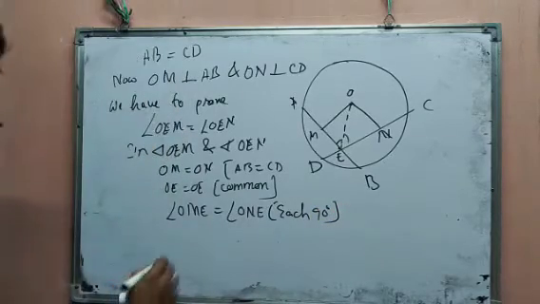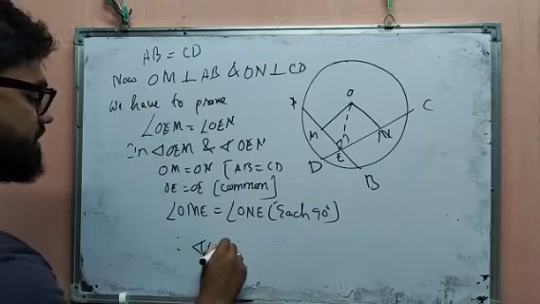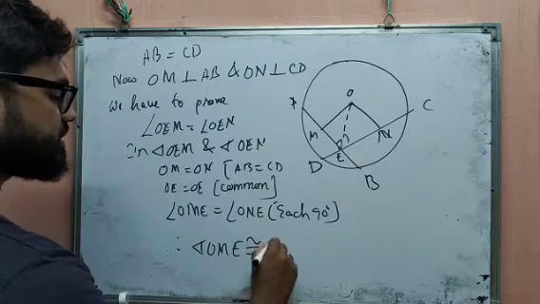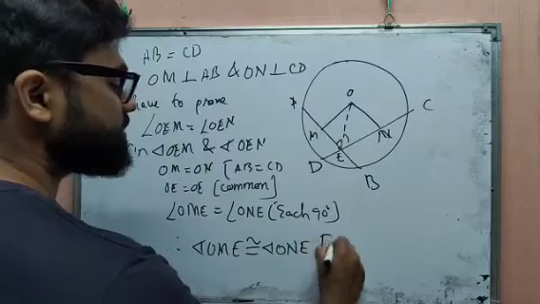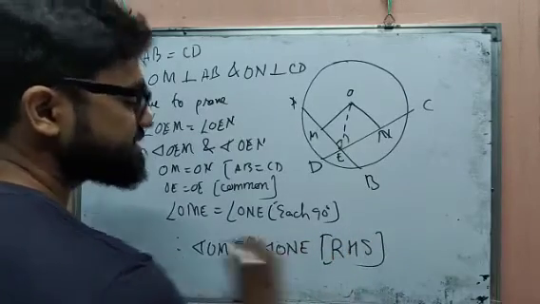So triangle OME is congruent to triangle ONE, by the right angle hypotenuse side rule.